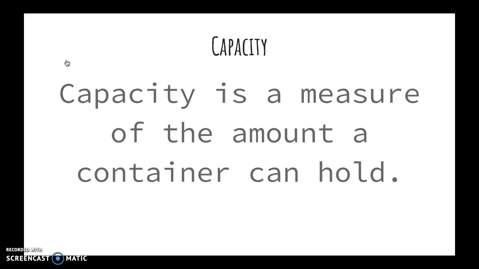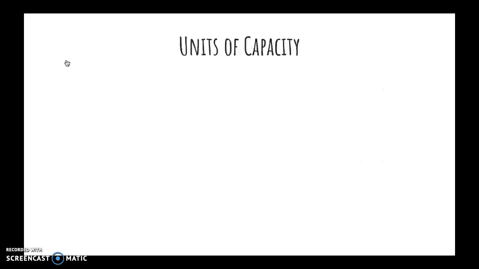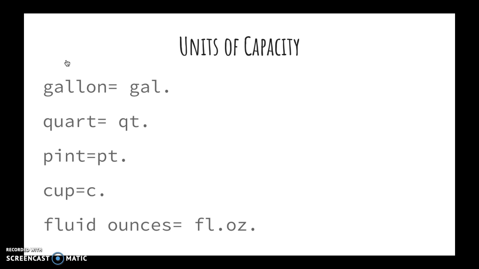What is capacity? Capacity is a measure of the amount a container can hold. So some units of capacity are the gallon, the quart, the pint, the cup, and fluid ounces. The gallon being the largest, like a gallon of milk or a gallon of paint.